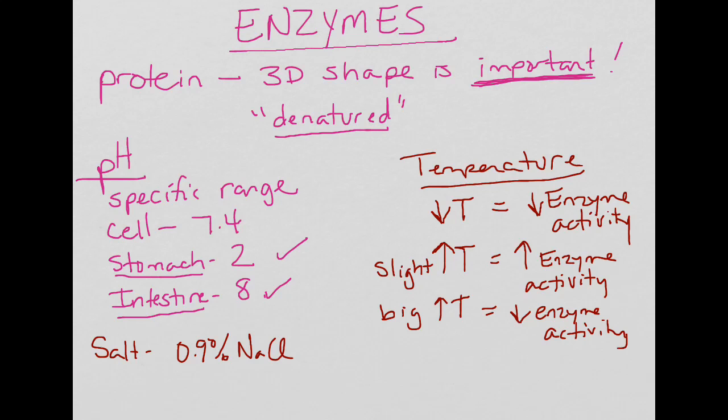So in the jar we're going to put vinegar and salt and maybe some sugar. We're going to put a lot of salt in there, a lot more salt than is actually inside of the cells. So that salt will denature enzymes as well. So increased salt will decrease enzyme activity. Okay.